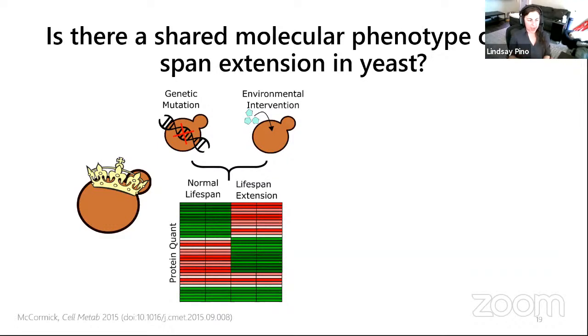So one question that I had asked previously was whether there was a different molecular phenotype for lifespan extension. So here I was using yeast, so everything was being done in this yeast model organism system. But what I wanted to ask is, can we extend lifespan? Can we have yeast that live longer, either through genetic mutations or through environmental interventions?